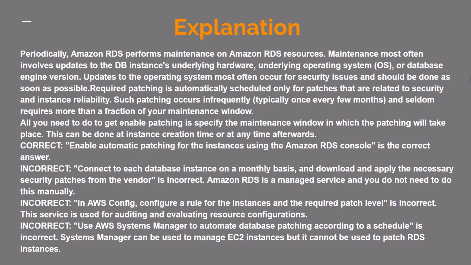Required patching is automatically scheduled only for patches that are related to security and instance reliability. Such patching occurs infrequently, typically once every few months, and seldom requires more than a fraction of your maintenance window. All you need to do to enable patching is specify the maintenance window in which the patching will take place. This can be done at instance creation time or at any time afterwards.